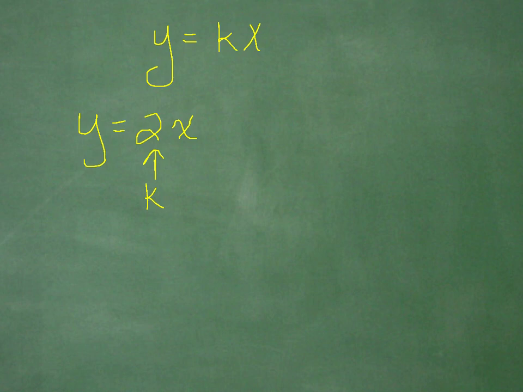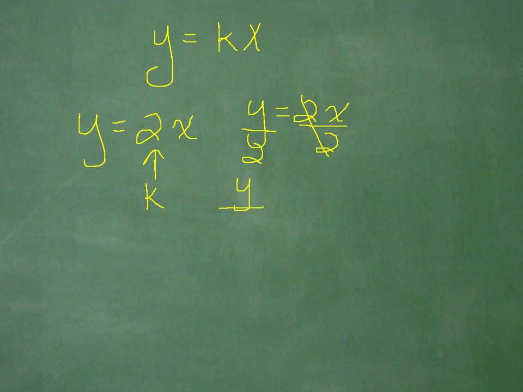Now what they'll do is they'll take that equation, y equals 2x, and rearrange it in a way that doesn't look familiar to you. So what they might do is divide by 2 on each side. If you divide by 2 on each side, then those 2's cancel out. So you are left with y over 2 equals x. So that's one way you might see a direct variation.